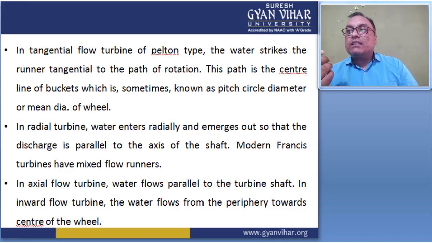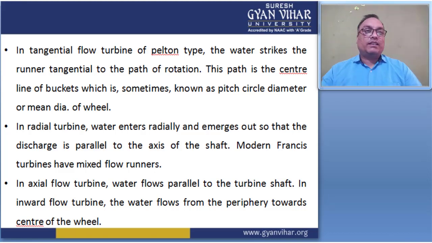Pelton wheels are made in all sizes, and there exist multi-ton Pelton wheels mounted on a vertical axis. Pelton wheel turbines are used in power plants, such as a 400 megawatt power plant generation. So these are the different kinds of turbine.